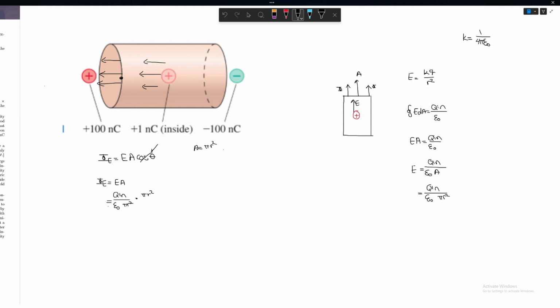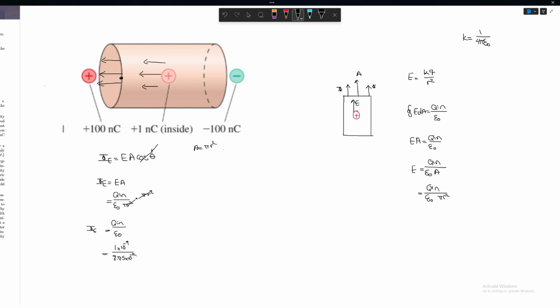All right. And so what will happen here is these will cancel out. And what we'll get is the charge in over the epsilon, or permittivity of free space, equals my flux. So if I do this, I'll get 1 times 10 to the negative 9 all over 8.85 times 10 to the negative 12.